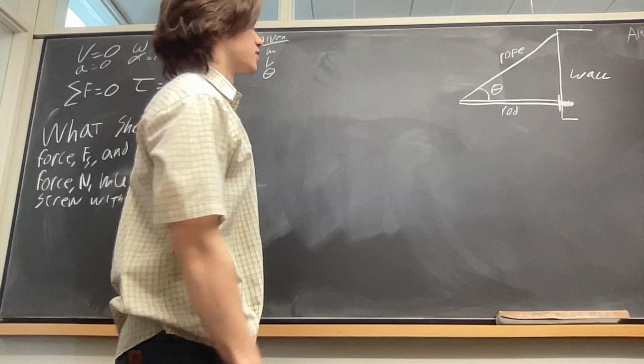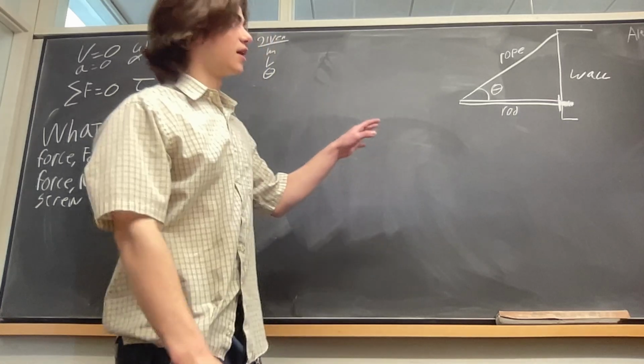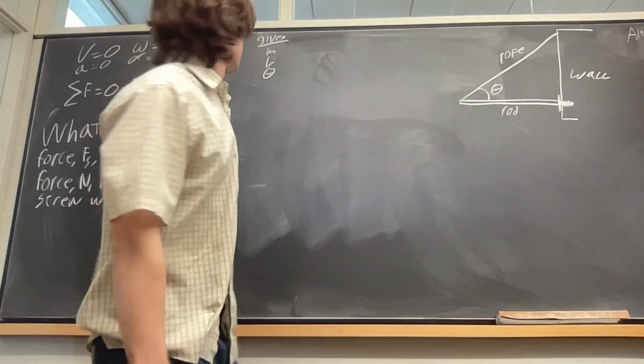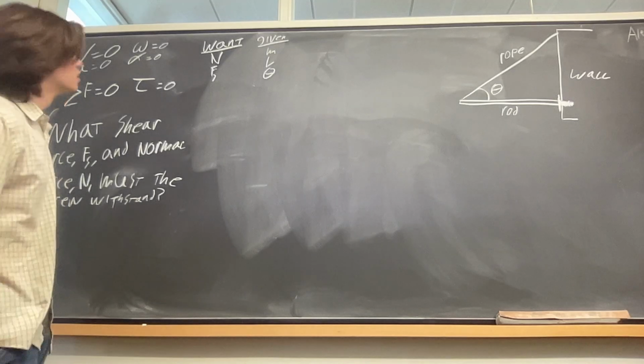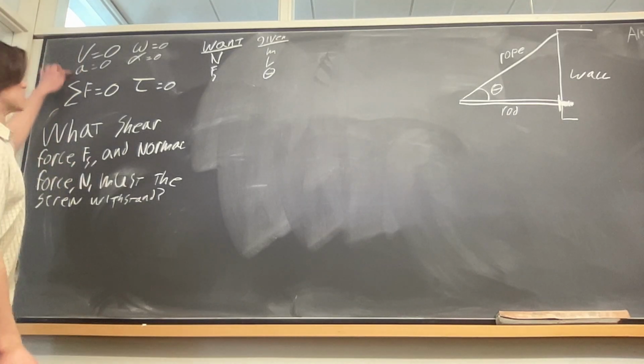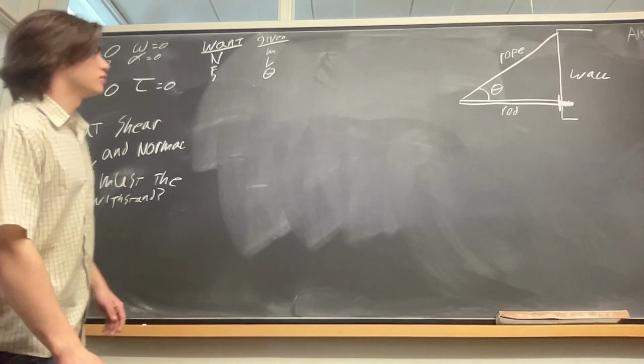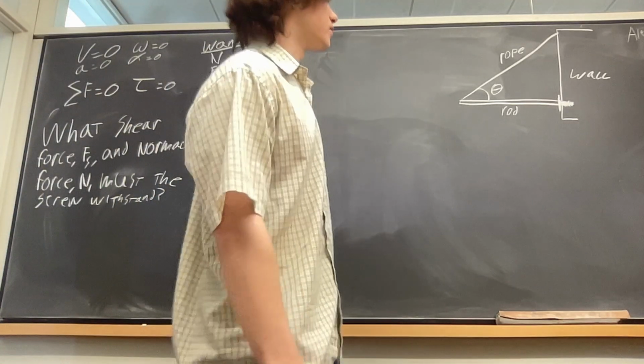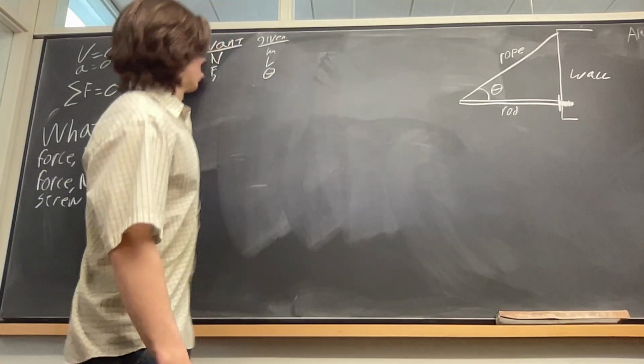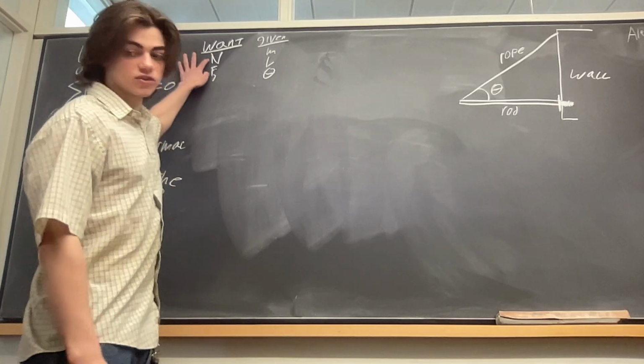So how do we approach this? Now, the system is in static equilibrium. So as I have written over here, static equilibrium means that it's not moving and that everything's balanced. So we can use that to find what we want, which is N and shear force.